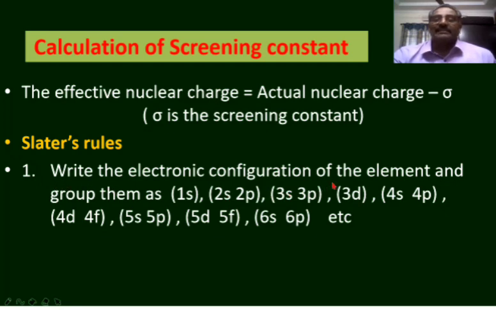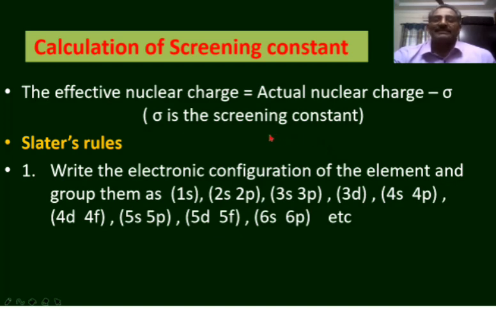Write the electronic configuration of the element and group them as 1s, 2s, 2p, 3s, 3p, 3d, 4s, 4p, 4d, 4f, 5s, 5p, 5d, 5f, 6s, 6p, etc. That means first we need to write the electronic configurations of the elements.